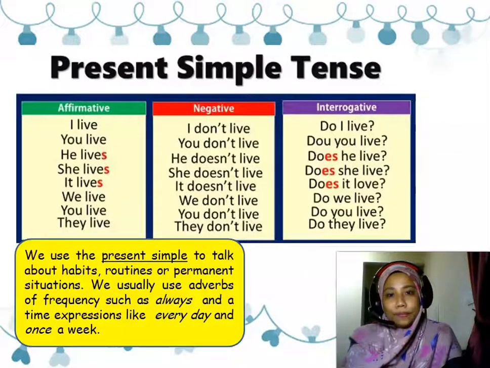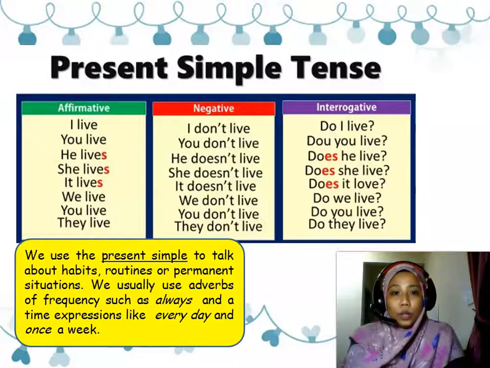In tenses, there will be positive sentences, negative sentences, and questions and also short answers, also called the interrogative. Here is the present simple tense chart. It begins with the affirmative, negative, and interrogative. As I told you just now, interrogative is also known as the questions and short answers. For tenses, we will focus on the pronoun.